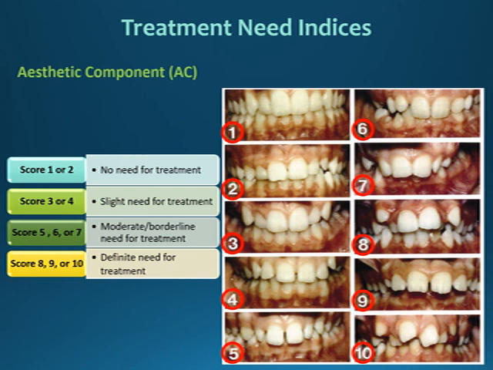A total score combining the dental health component and the aesthetic component can be given to define the treatment need. So in order to define the IOTN, we should have the score of both components.